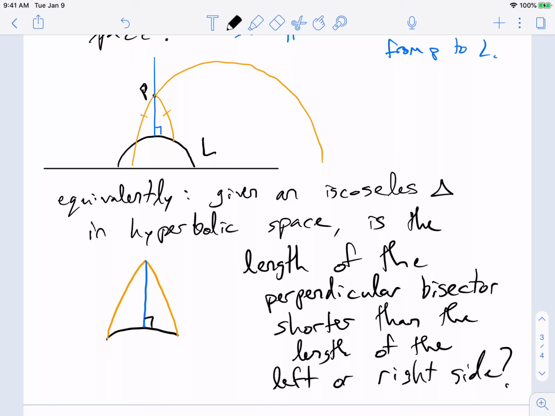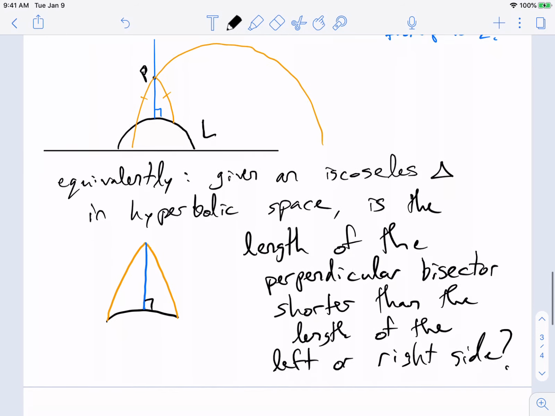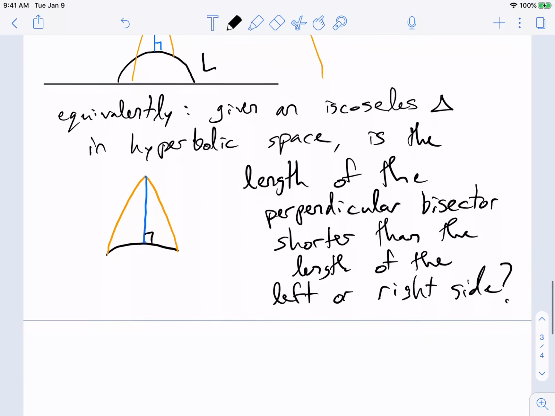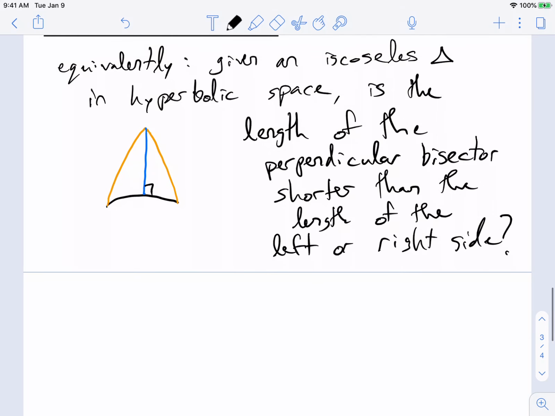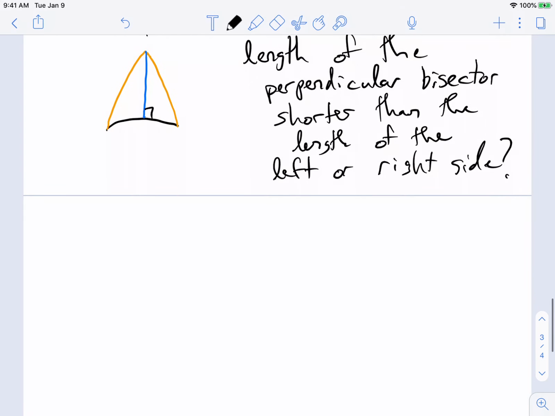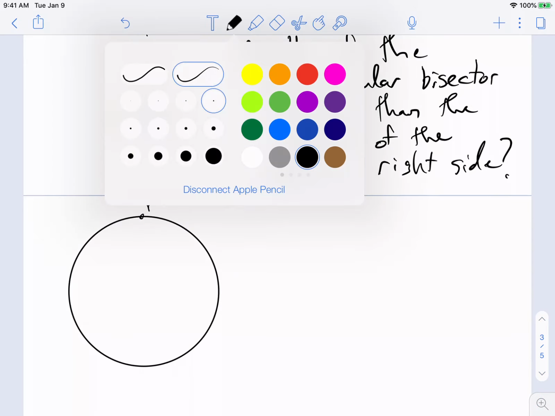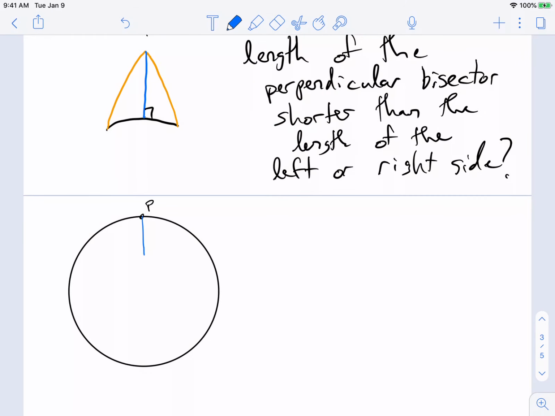And just to warn you that it's not totally obvious, let me show you that it's not true on the sphere. So on the sphere, let's start at the North Pole. I'll call that my point P. My blue line will just be the longitude line down the center.